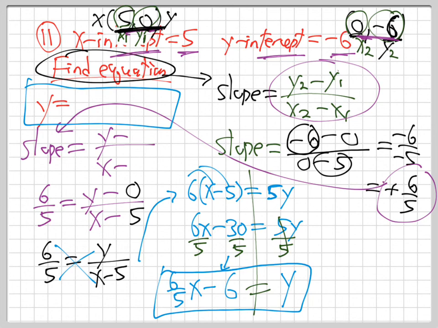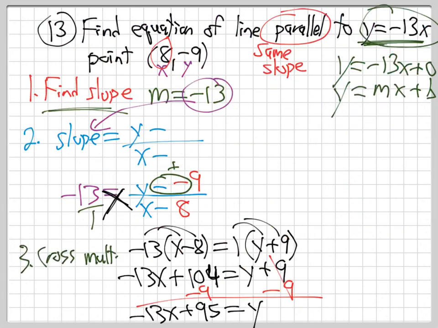An intercept has another number that's 0 with it automatically, and notice it's the opposite letter. In other words, if the y-intercept is -6, the y value is -6 and the x value is 0. And vice versa, if the x-intercept is 5, the x is 5 and the y is 0. The other letter is 0 at an intercept because it's on the grid line. So let's go crank that out.